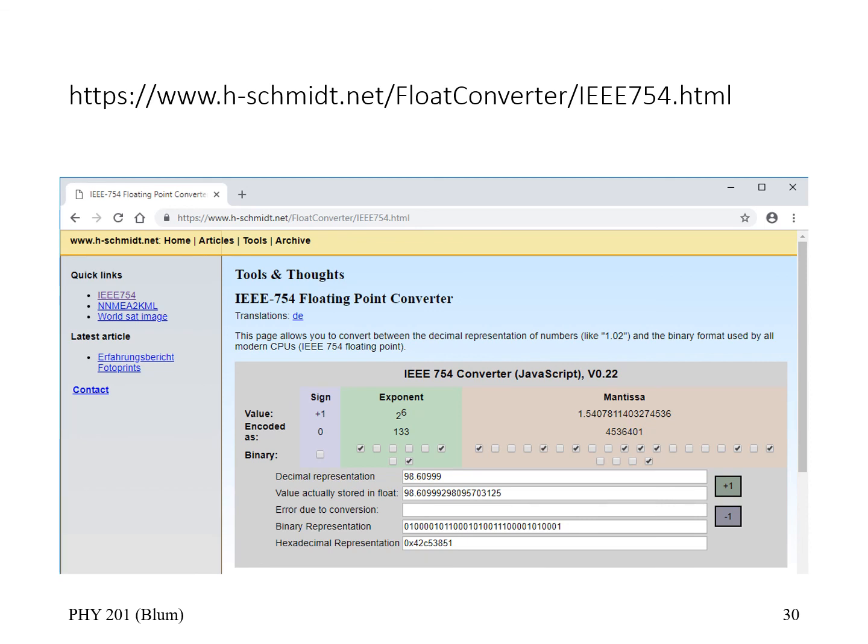And our mantissa, again, take away the implied 1 at the start, was 10001010, etc. And so we see that the converter is giving us a decimal representation of 98.60999, so pretty close to our 98.61.